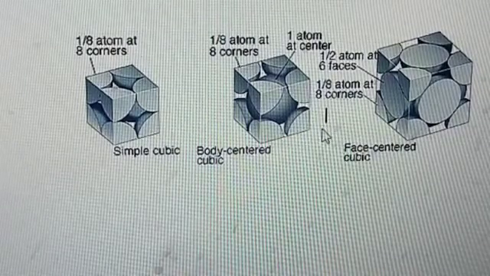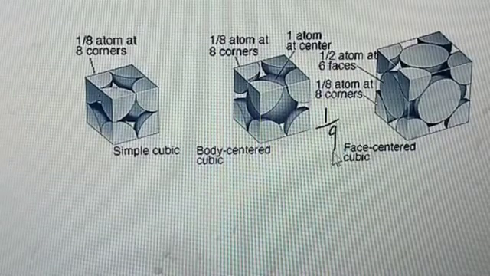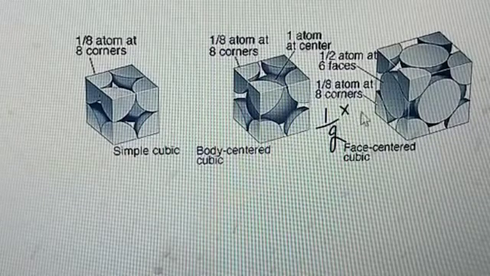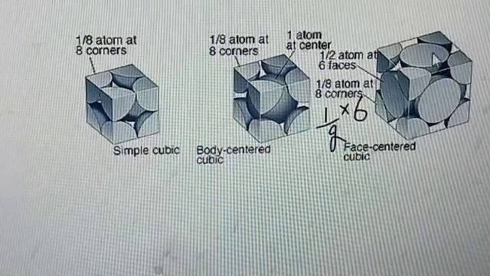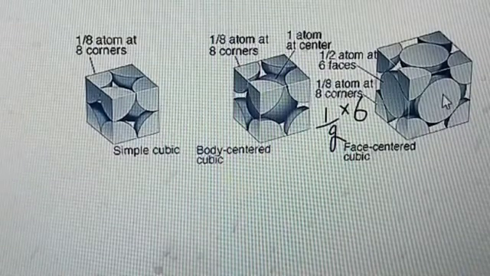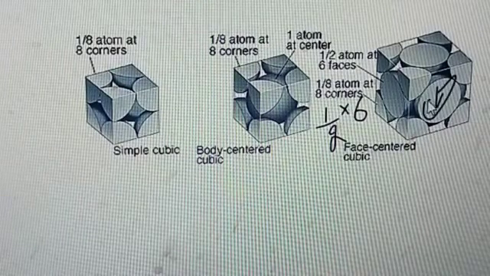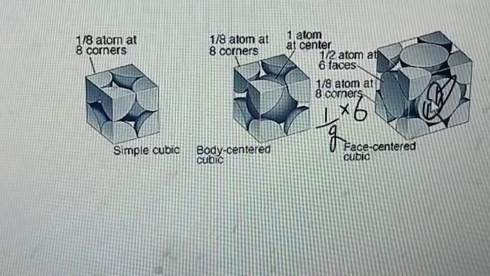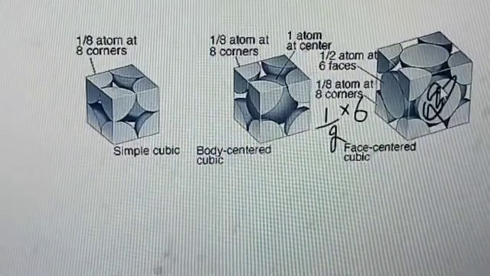Why we should consider 1 by 2 into 6? Because this particle which is present at the center of the face is shared by 2 adjacent unit cells. 2 adjacent unit cells means half of the particle will belong to the particular unit cell.